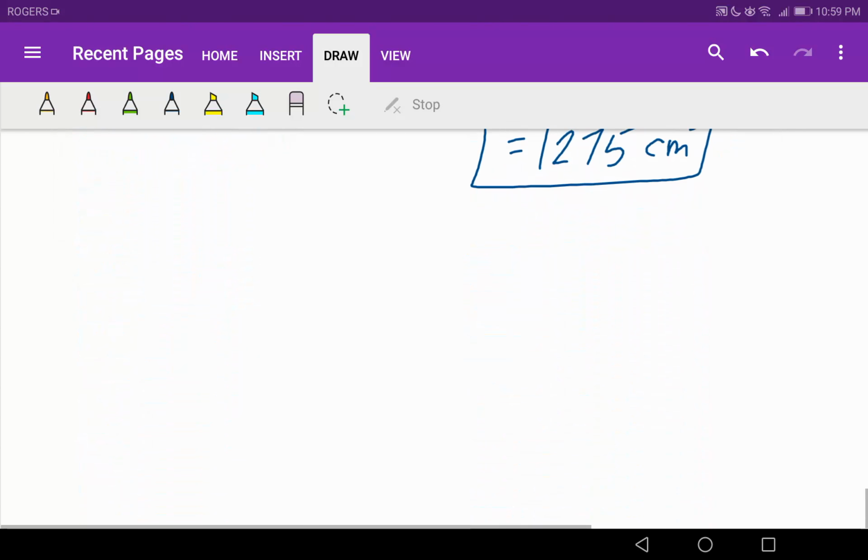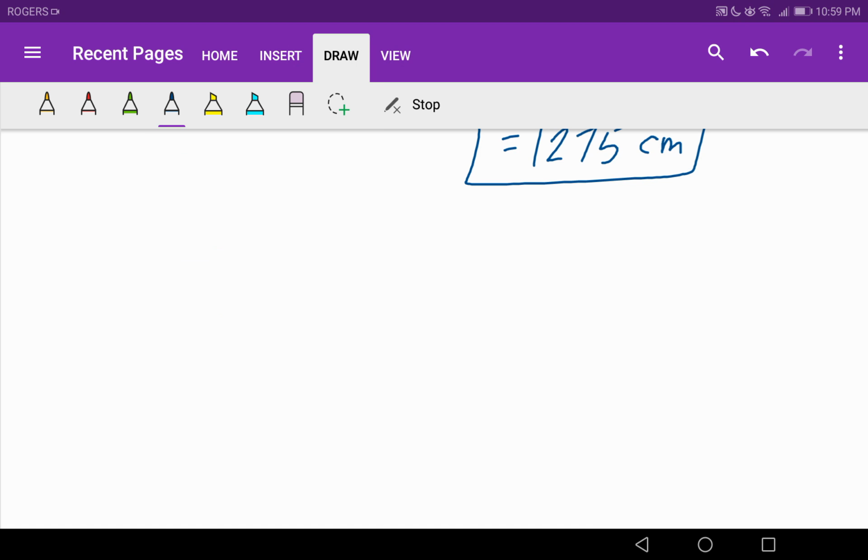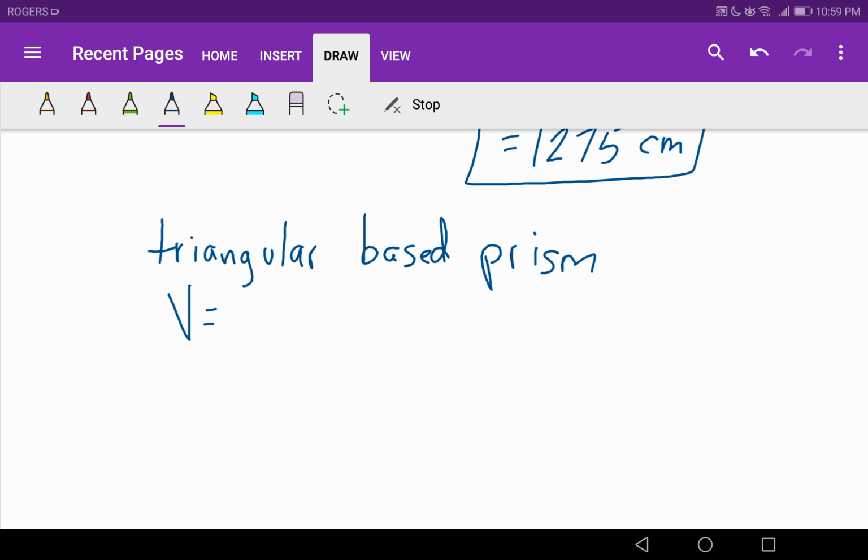The last type of question you'll see, and there is no example here of it, but just to give you a heads up, is a triangular based prism. All right, triangular based prism. Well, the formula is still volume equals area of the base times height.